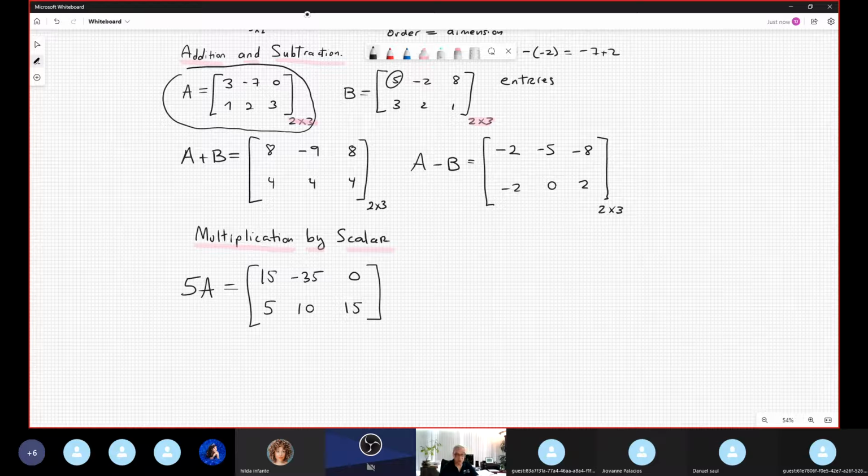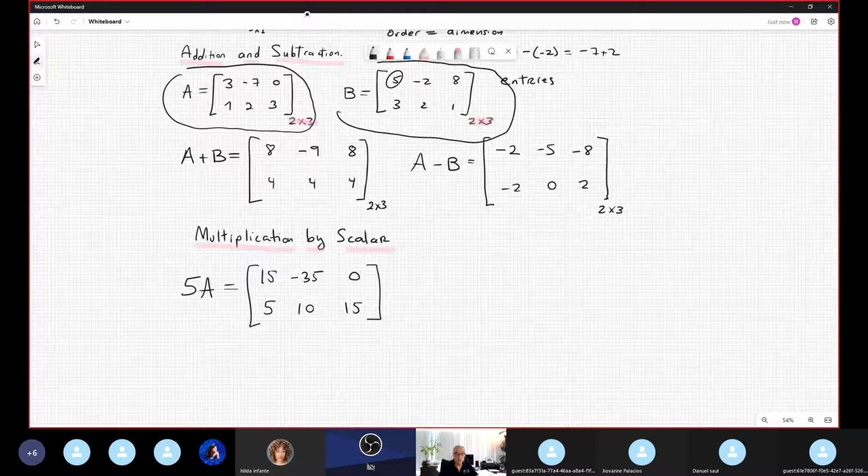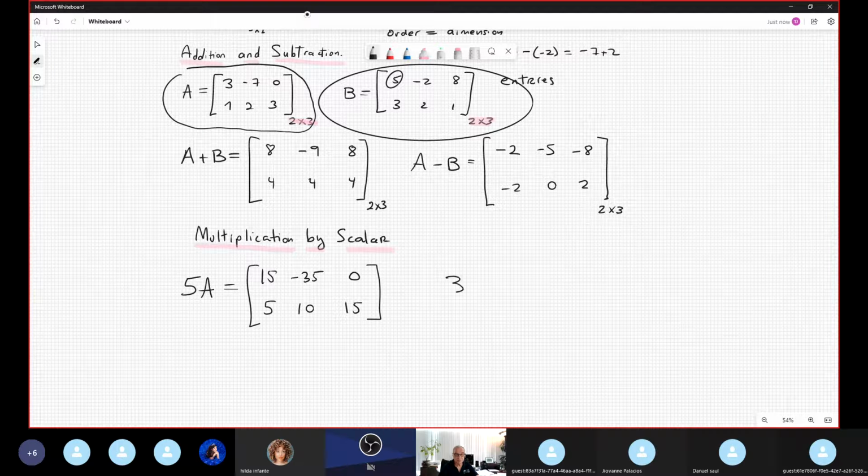Suppose another example. I take matrix B and multiply by 3, 3B. Then it is 15 again, minus 6, 24, because 8 times 3 is 24. 3 times 3 is 9. 3 times 2 is 6. And 3 times 1 is 3. So you multiply a matrix, which has a dimension and is a big mathematical object, by the scalar.